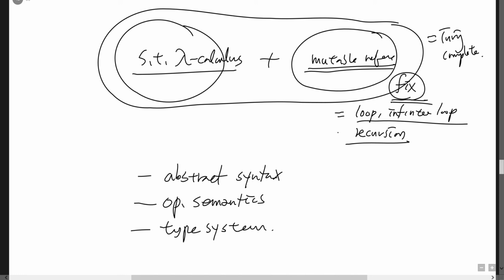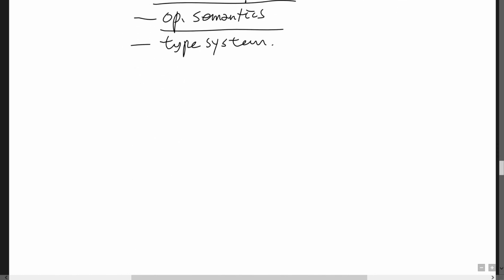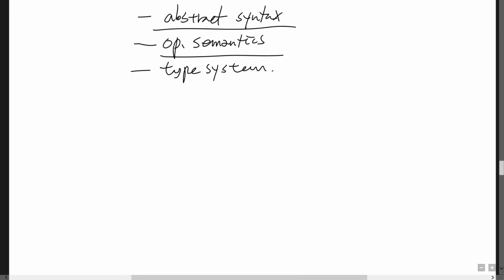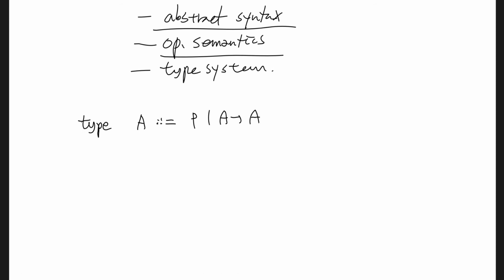So let's extend the abstract syntax first, and then develop the operational semantics. So the types: we have base type and function type. And for simplicity, let's not talk about base types. Let's assume that we have many base types such as bool or integer and so on.